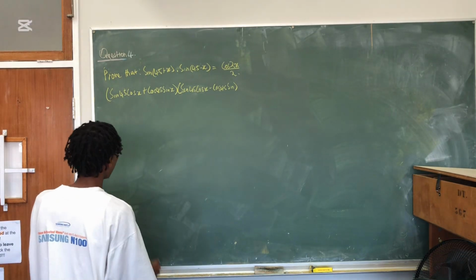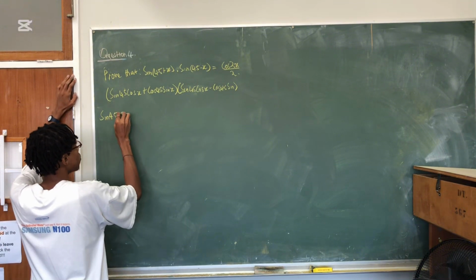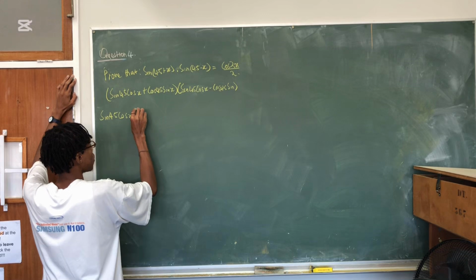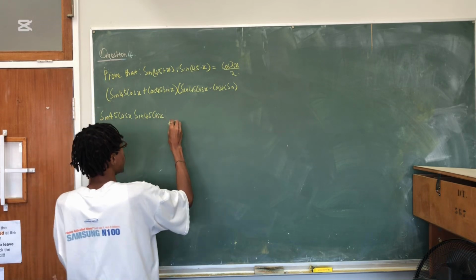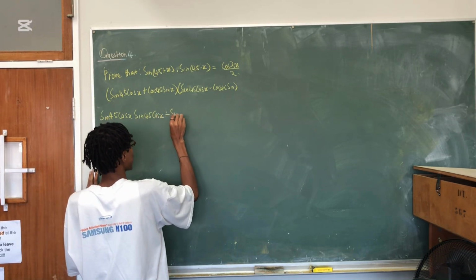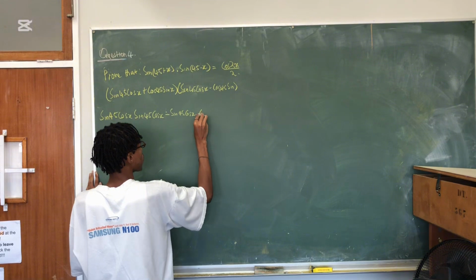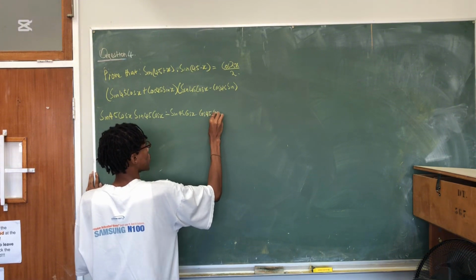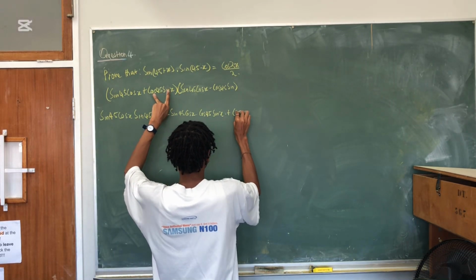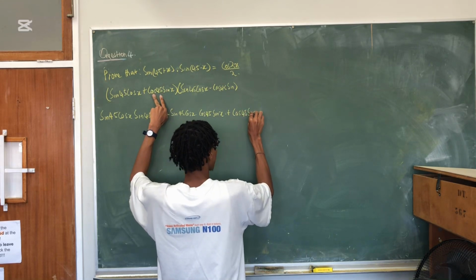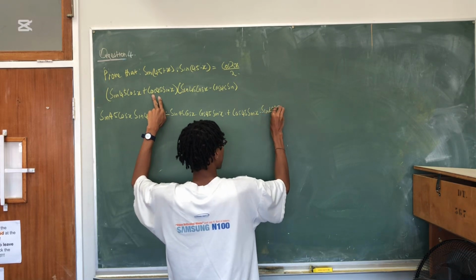If we multiply it throughout, we're going to get sine 45 cos x times sine 45 cos x, minus sine 45 cos x multiplied by cos 45 sine x, plus cos 45 sine x multiplied by sine 45 cos x.